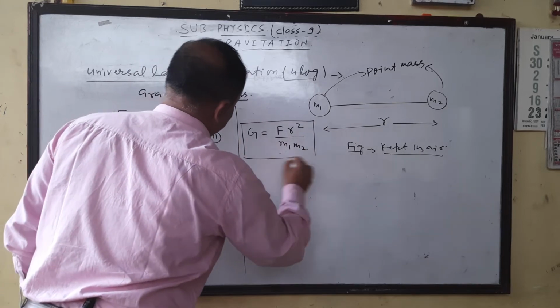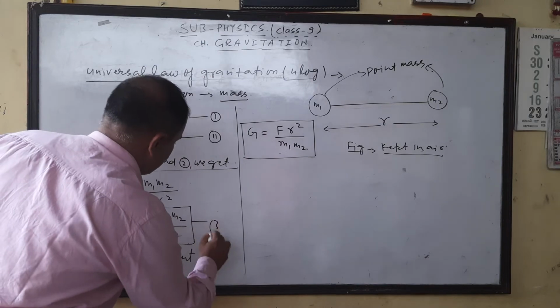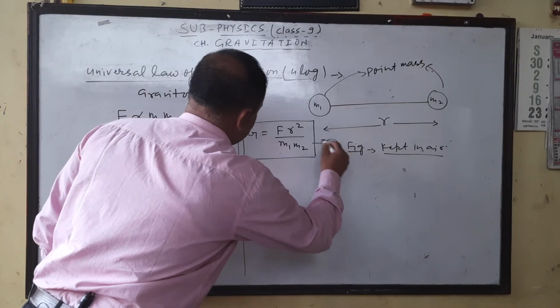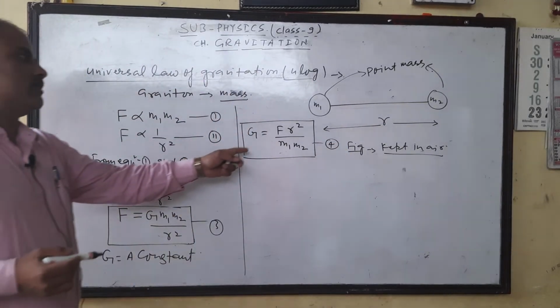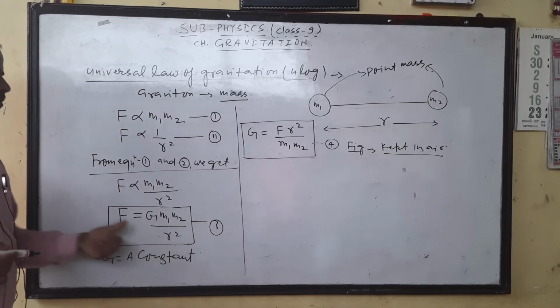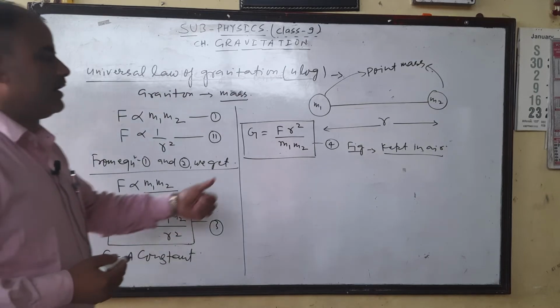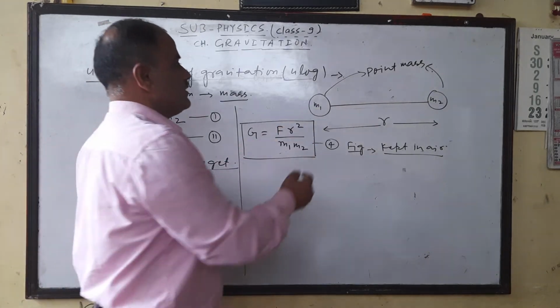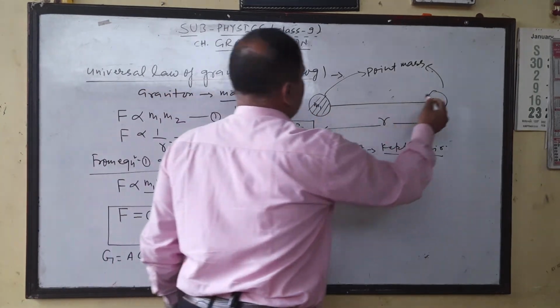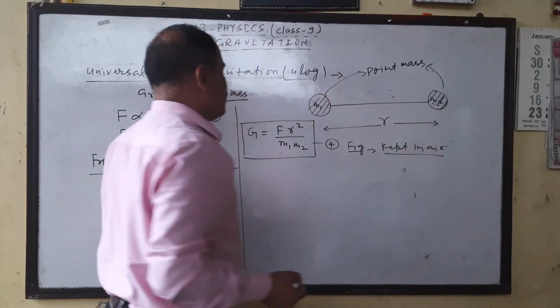This is equation number 3 and this is equation number 4, where m1 and m2 are the two masses.